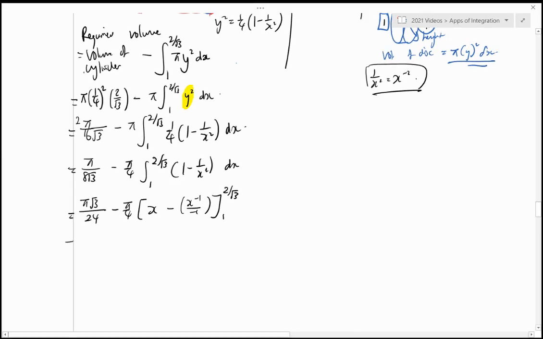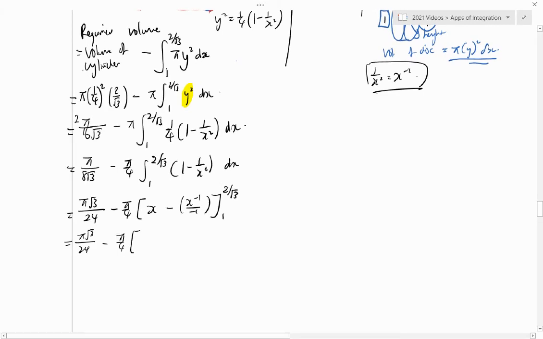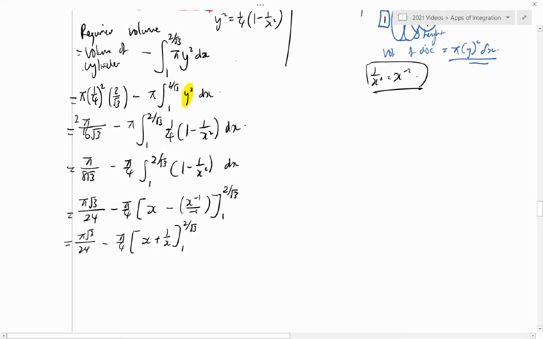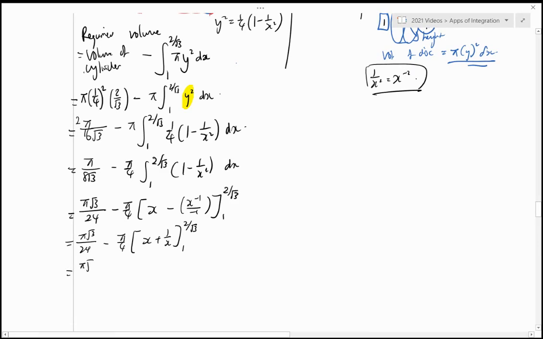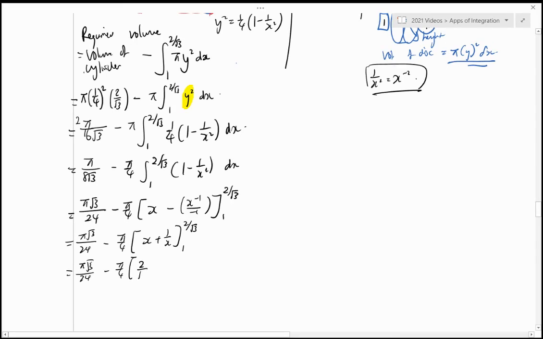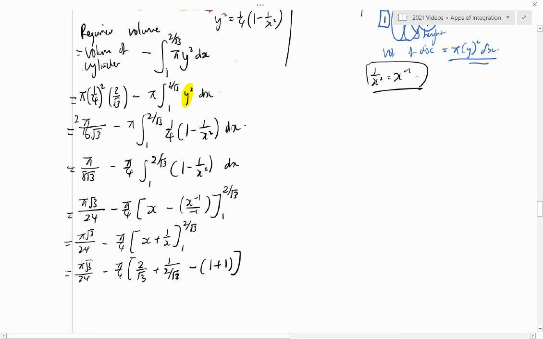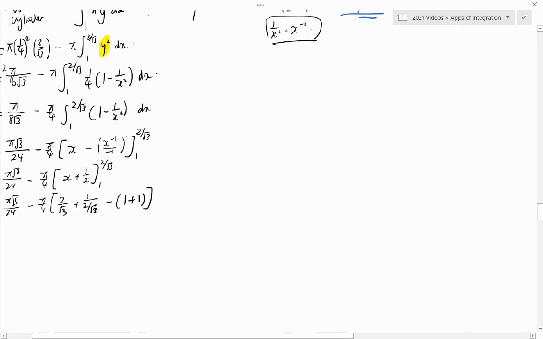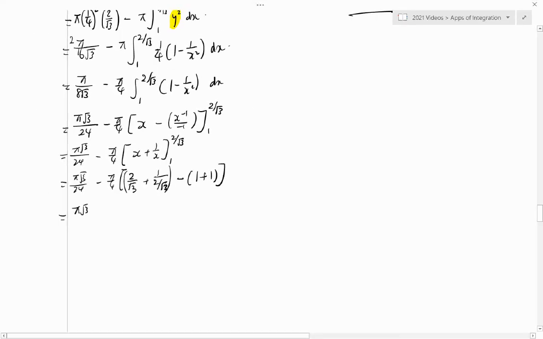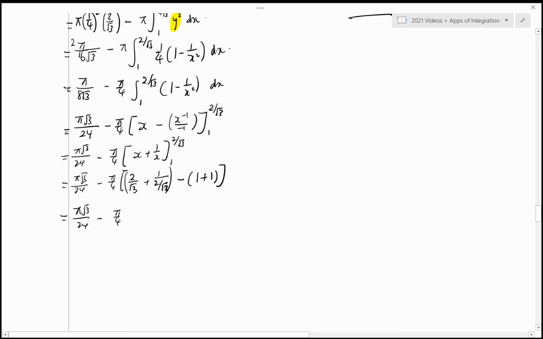So this is pi root 3 over 24 minus pi over 4 times x plus 1 over x, from 1 to 2 over root 3. So this is pi root 3 over 24 minus pi by 4 times (2 over square root 3 plus 1 over 2 over square root 3 minus 1 plus 1).